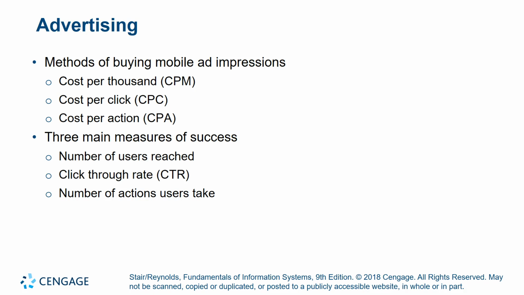So one of the ways we pay the people like Google is on things like a click-through rate. So I look at how many users I reached. That may be a price, or I may do it on a click-through rate. So only those users who clicked into that Norwegian website do I have to pay my advertising agency. Or if they take some form of an action, it may be a way that I look at that in terms of costing.